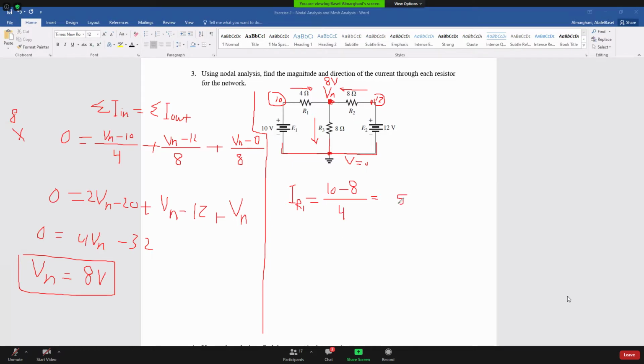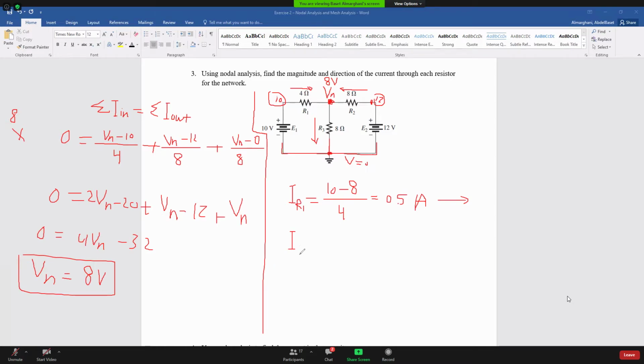So this is 0.5 ampere, and it's going to go this way, because the voltage at this terminal is 10 and here is 8. The current goes from the high to the low voltage.